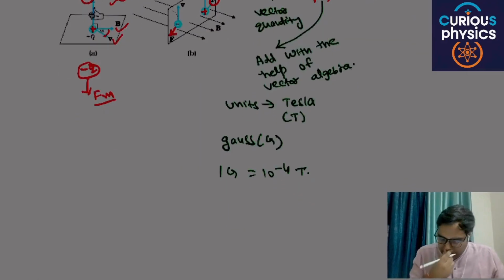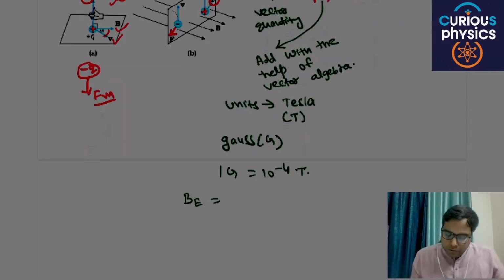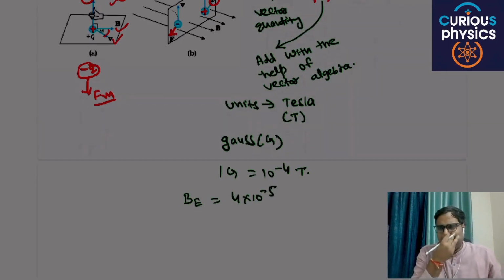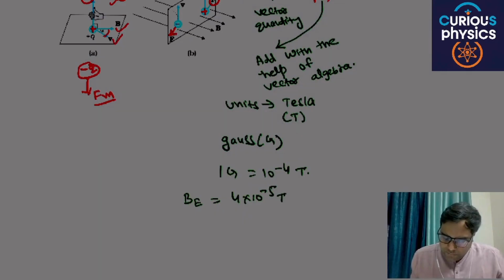And the magnetic field of Earth is, I think, 3.96, the exact value, about 4 into 10 raised to power minus 5 Tesla.